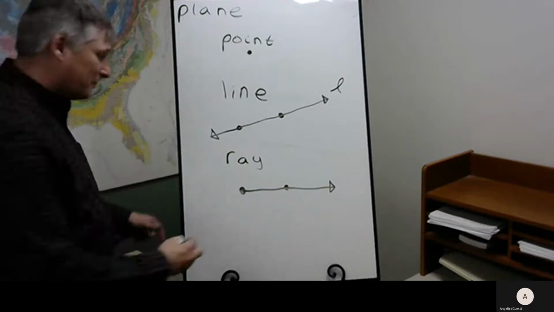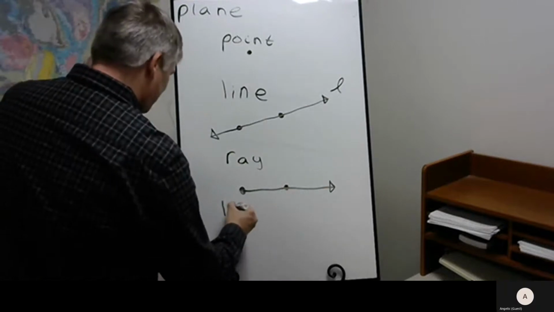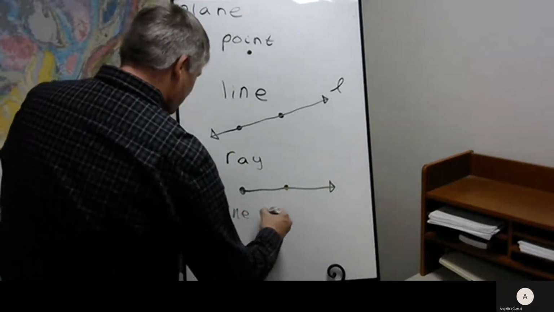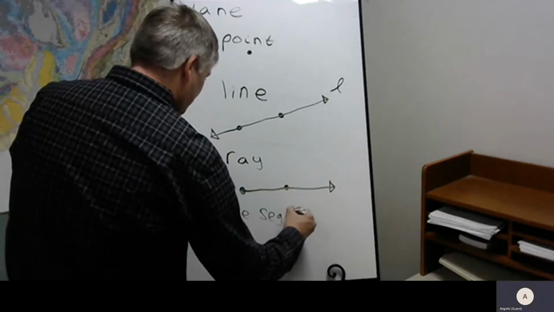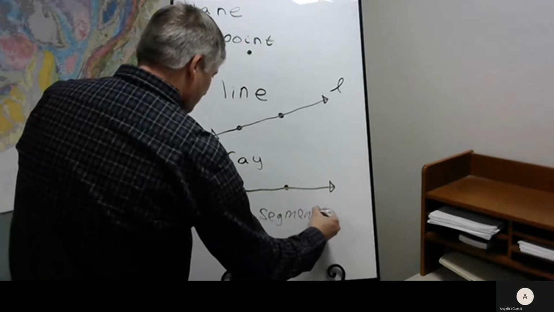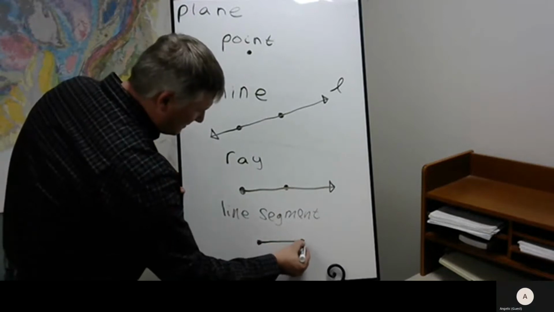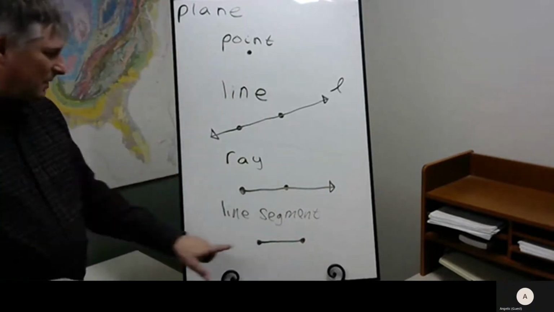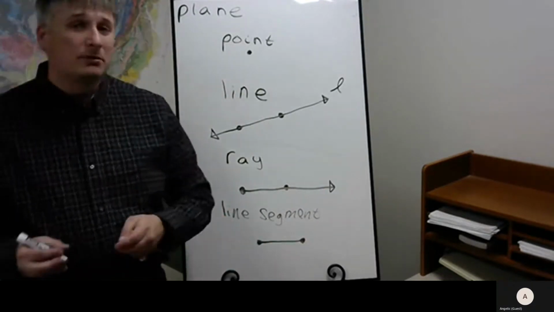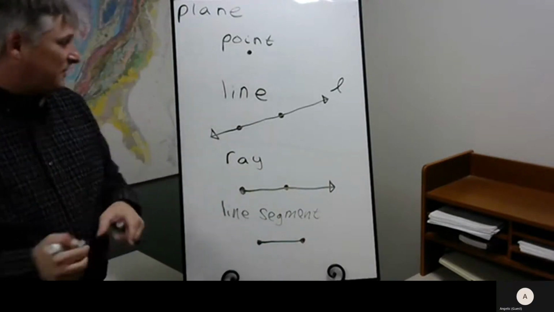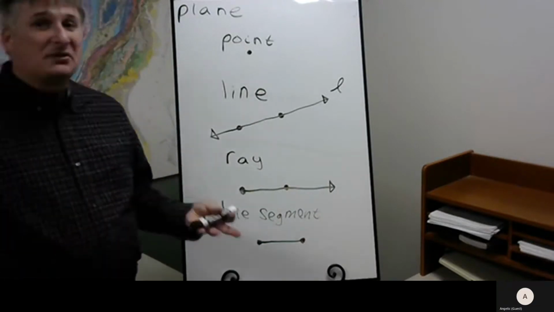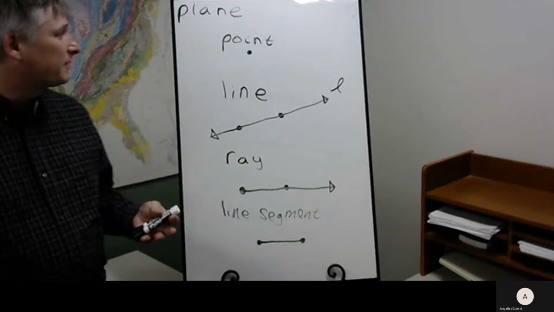Now then you have a line segment. And a line segment's just a part of a line between 2 points. So those are some of the basic shapes you're going to be dealing with.